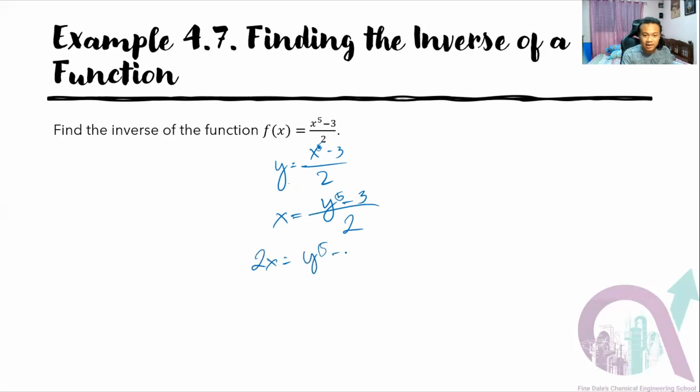Then y. Okay? So, it becomes y to the 5th equals 2x plus 3. Di ba? So I just moved this to the other side, di ba? And then to find y, it is the 5th root of 2x plus 3.